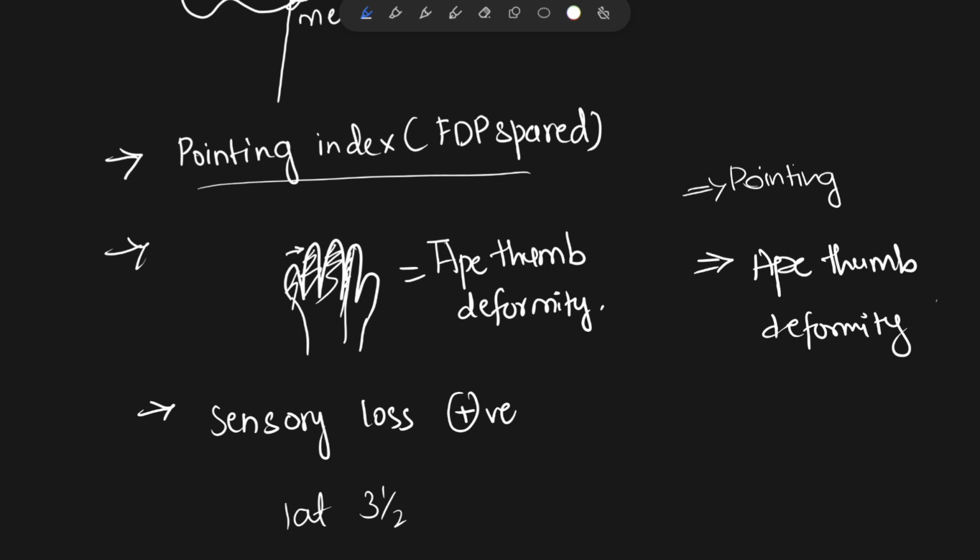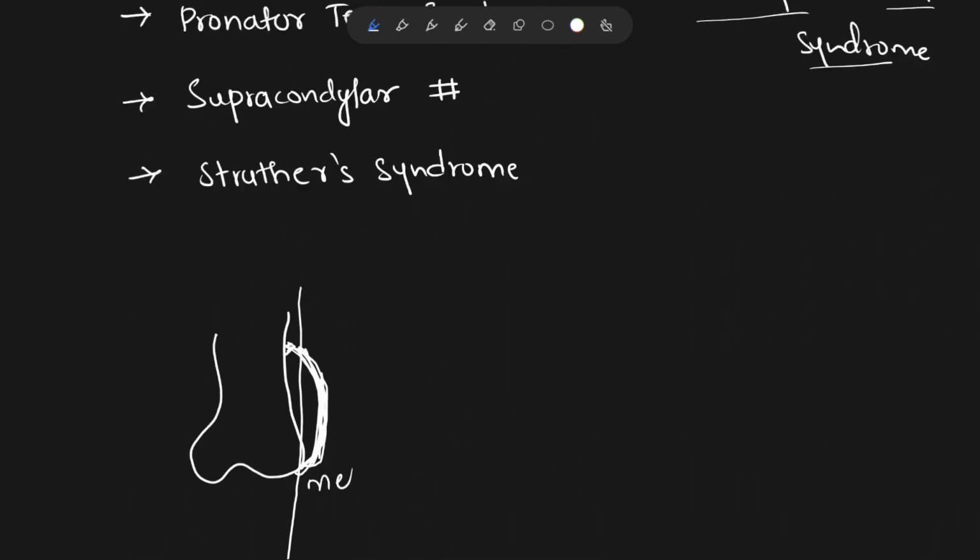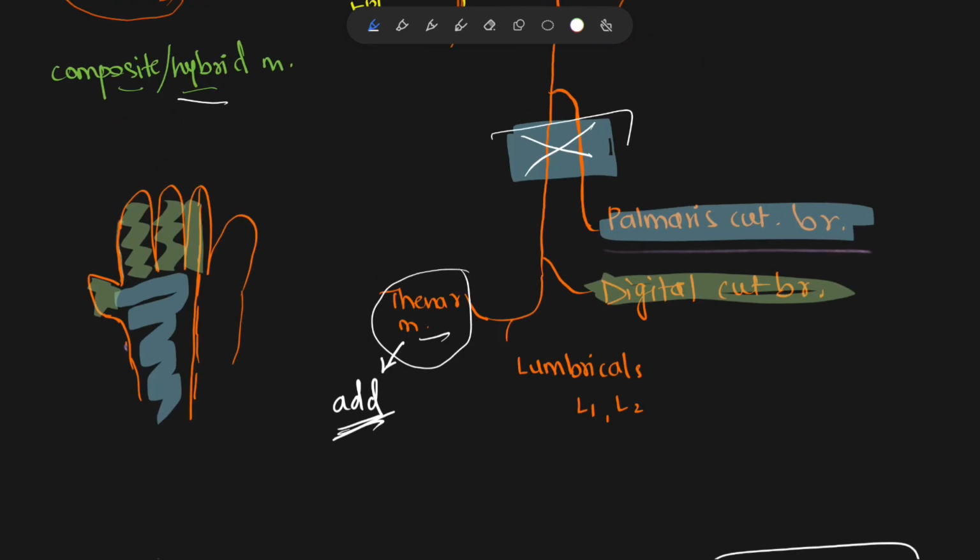So FDP is spared, so pointing index is negative. And the sensory loss will be present because the injury is at the level of the carpal tunnel or flexor retinaculum. So the palmar and digital cutaneous branches are also affected.